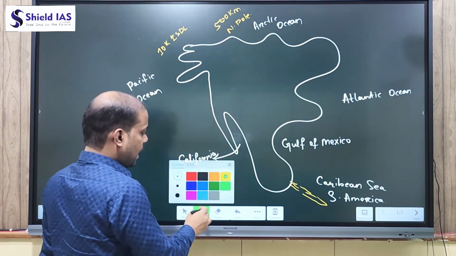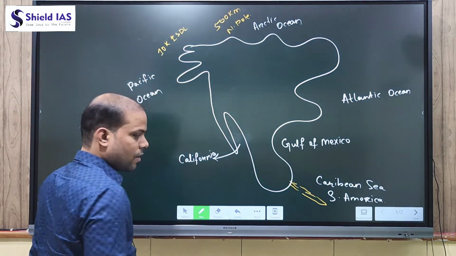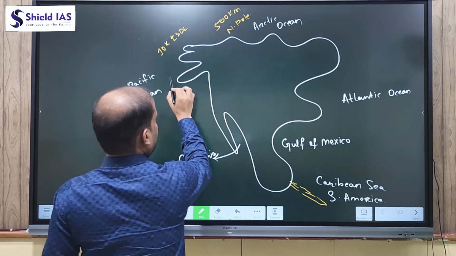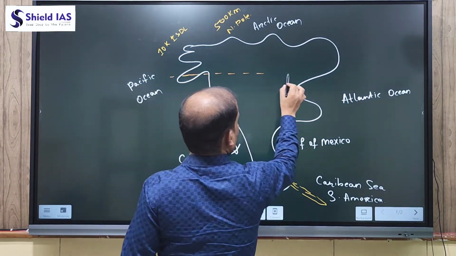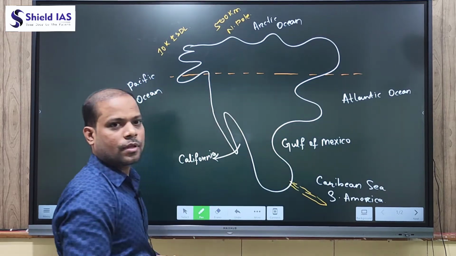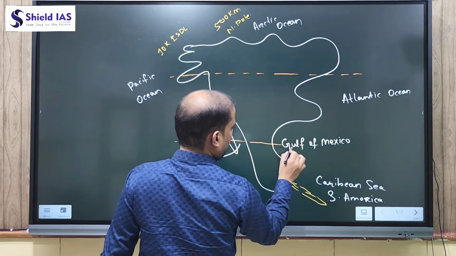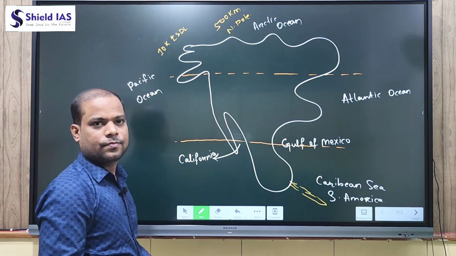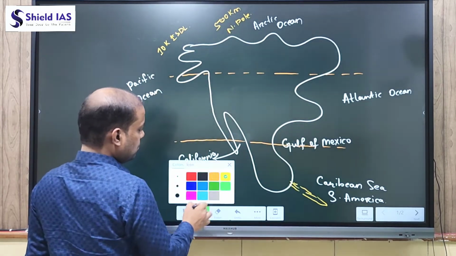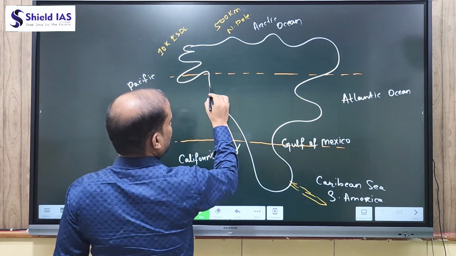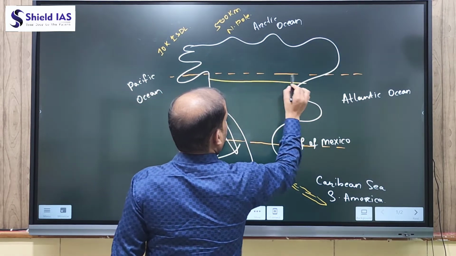And there are two latitudes which pass through North America. One is the Arctic Circle and another is the Tropic of Cancer. The northern part of North America is Canada.